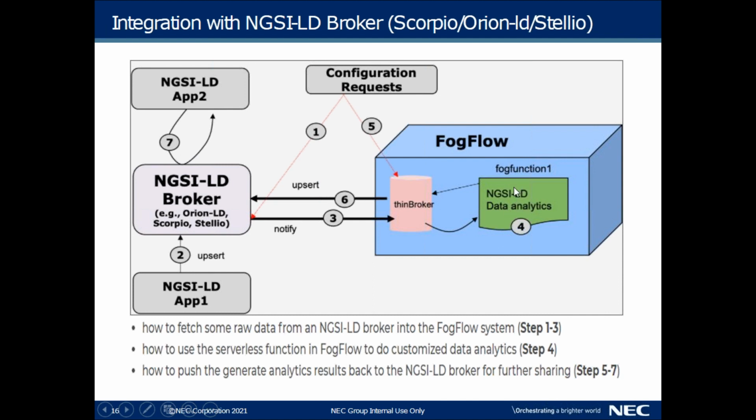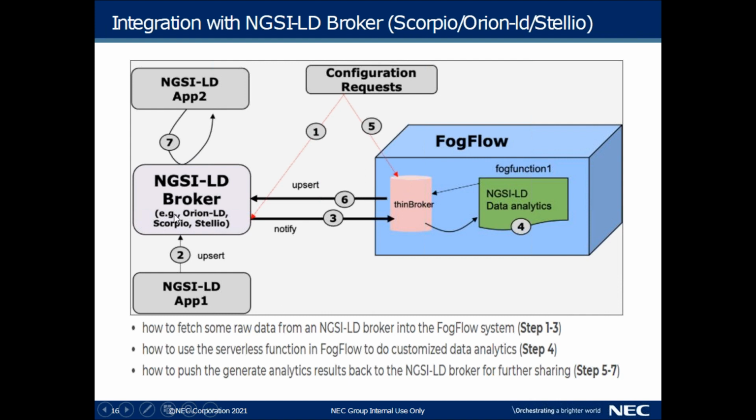When that entity is created in NGSI-LD broker, it sends an update to FogFlow. Then FogFlow does analysis on that data that arrived in step number 4. We have written some fog function for it. When it gets executed, it will create one command on the basis of that, and send it back to the NGSI-LD broker. But before that, NGSI-LD broker needs to do a subscription in FogFlow broker, and when that subscription arrives in FogFlow, it checks the data.